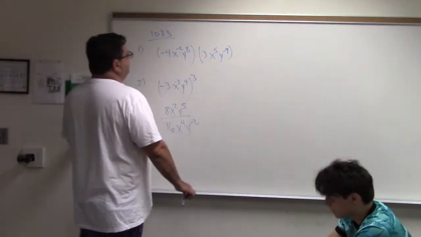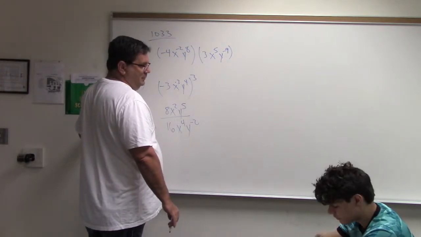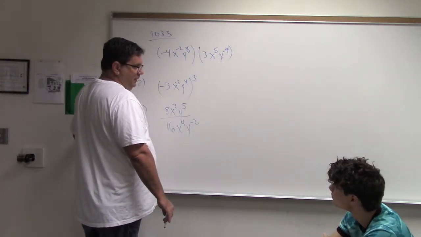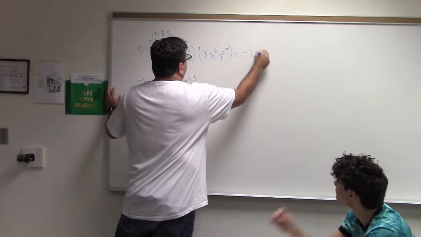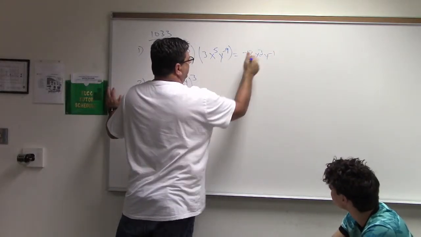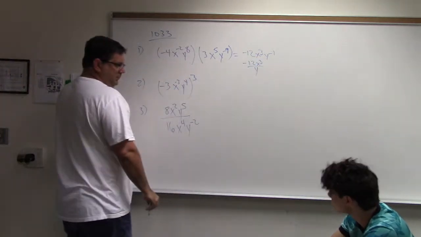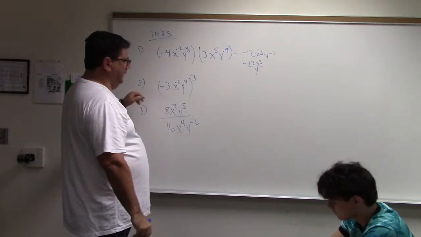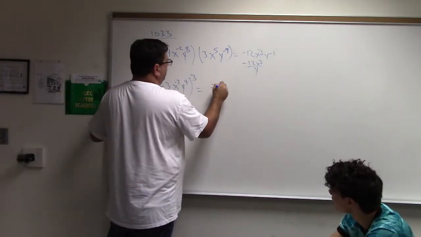What'd you get? Negative 12, x to the third over y. That's it? Yeah, perfect. This is negative 12, x to the third, y to the negative 1. Negative exponent goes down, y on the bottom. Great job. Here, what'd you get? Negative 27, y to the 12 over x to the 9.